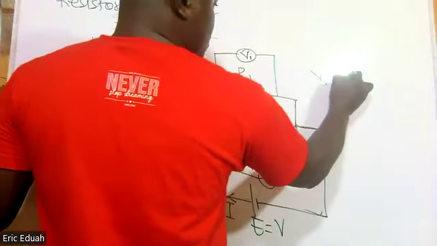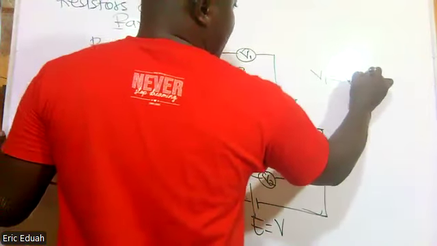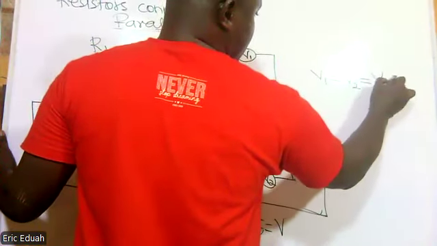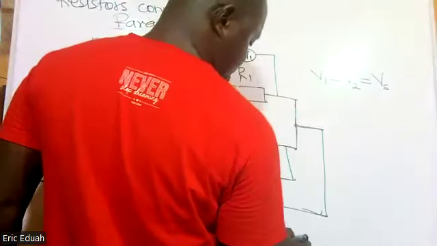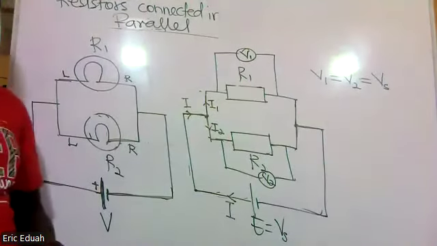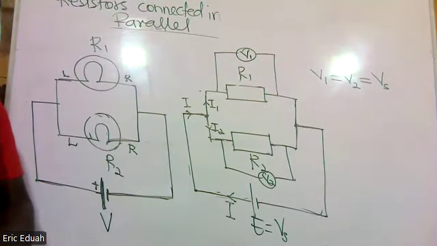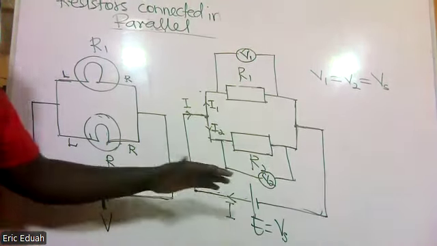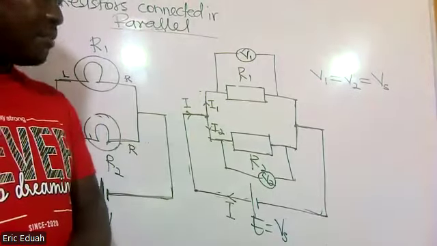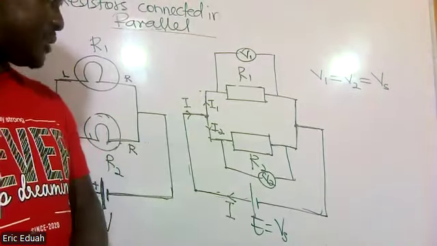V1 is equal to V2 and is also equal to the voltage source PD. So when resistors are connected in parallel, they have the same potential difference across all of them, but different current.